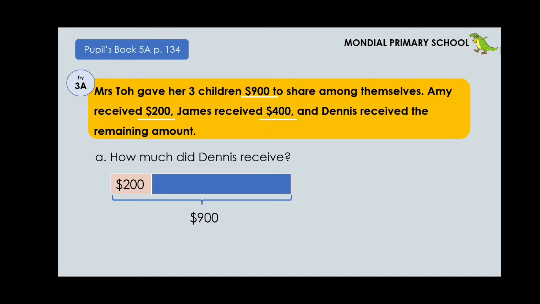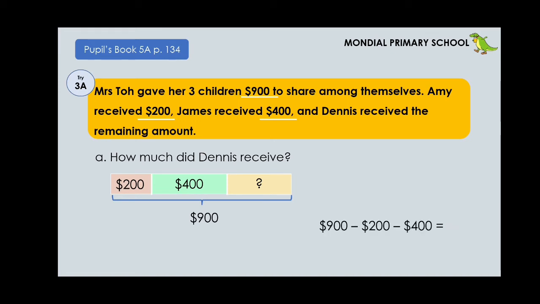Draw another line, and this one is for James, that is $400. The remainder is for the question mark or Dennis. How to find the remainder? Subtract $200 and $400 from $900.